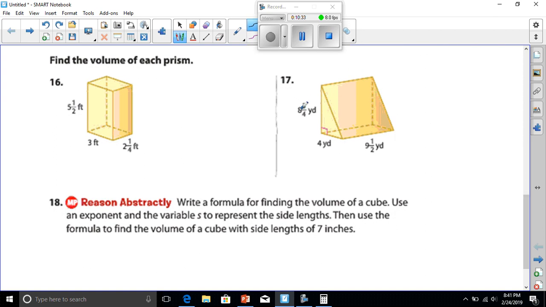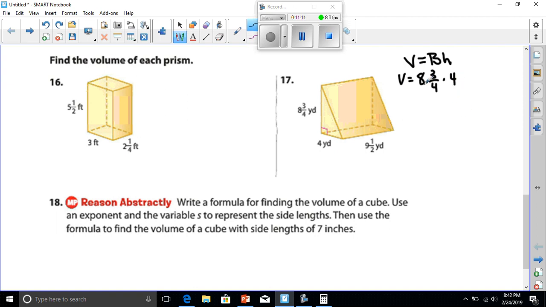It says here, find the volume of each prism. Well, again, they've given us a triangular prism, so I will be using the formula volume equals base, big B, times height. Well, once again, the base is going to be 8 3/4. So let's see, volume equals 8 3/4 times 4.